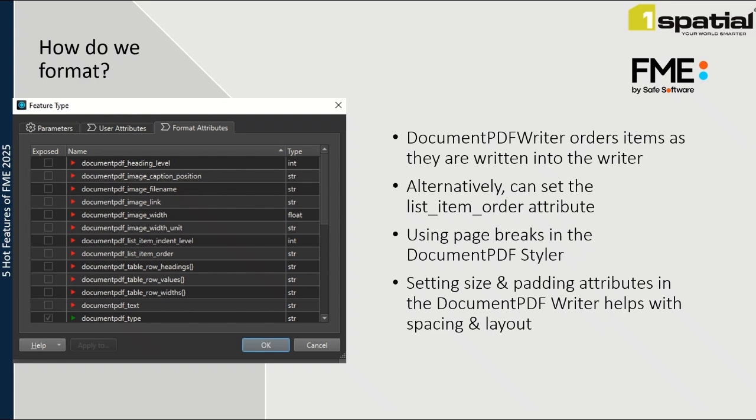I'll show you in a little bit an example of one of those. But I think things like page breaks is a really good way to set out content per page, so you're not risking it with just spacing between things. But things like padding, I think, is what helps in that area.